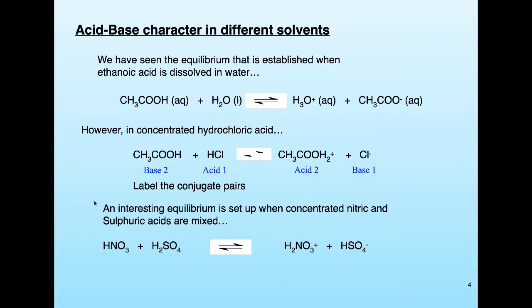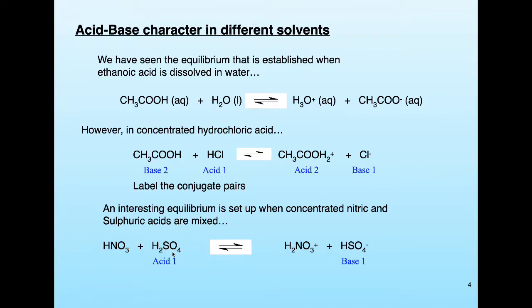We can also get an interesting equilibrium when we mix concentrated sulfuric acid with concentrated nitric acid. So we can get the nitric acid here to accept a proton. So if you look at this carefully, the sulfuric acid is the big bully acid. It's giving one of its protons, so it becomes HSO4-, the hydrogen sulfate ion.